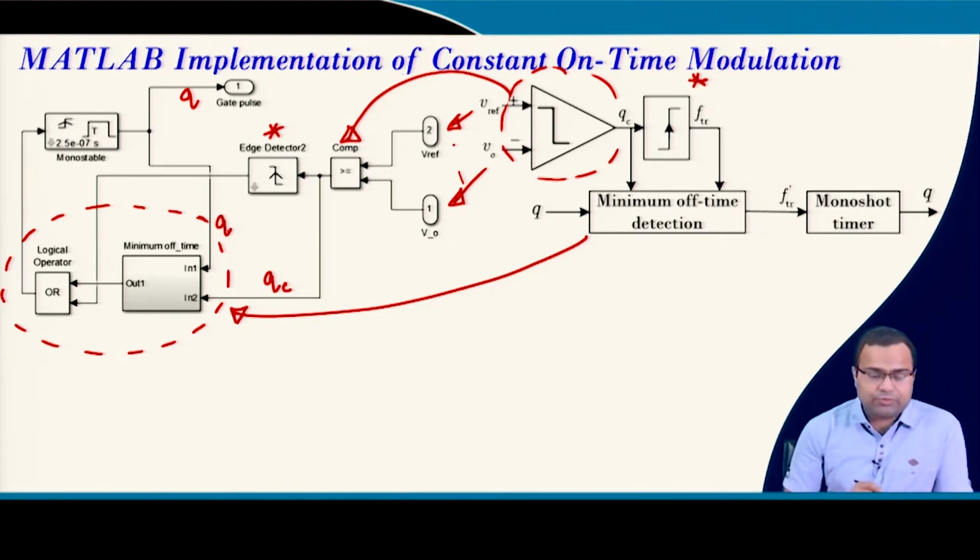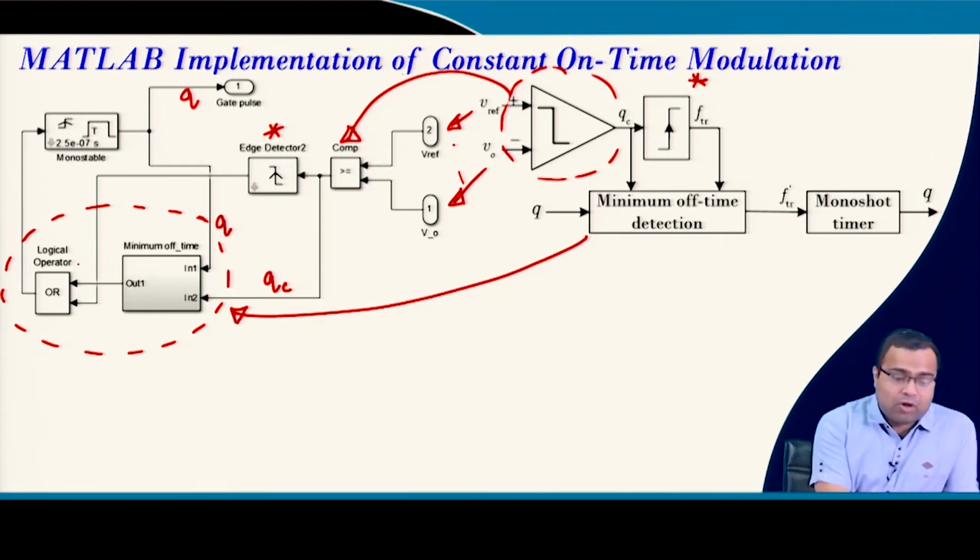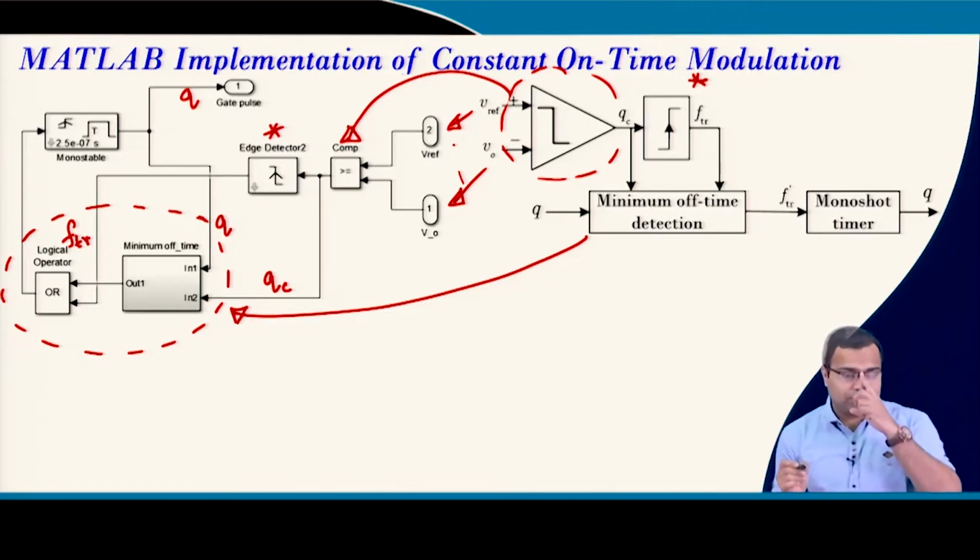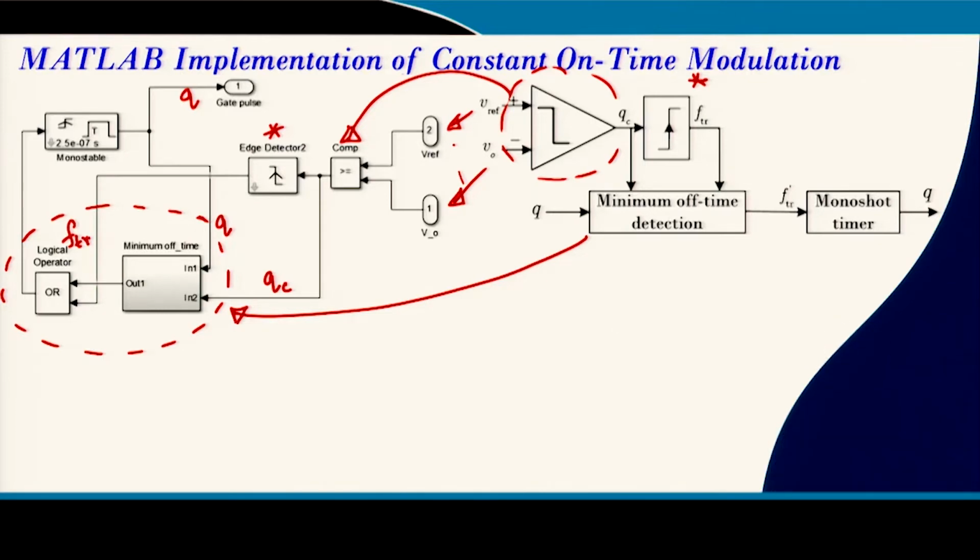The other input is Q, and for the OR input we are using the FTR, that is the output of the positive rising edge detection circuit, and this is ORed with the original monoshot timer.